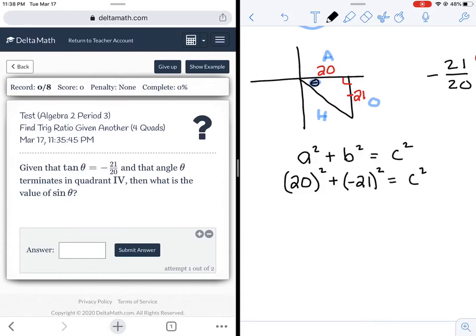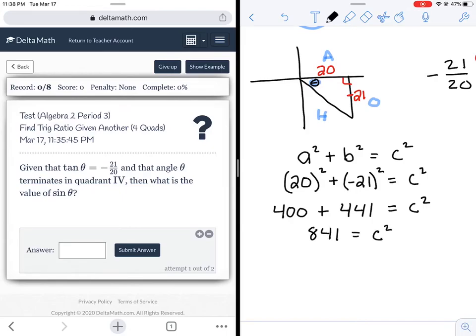Now notice I did put that 21 in parentheses. When you put that into your calculator, you need to know that when you square a negative number, a negative times a negative gives you a positive. So please make sure that you get a positive number there when you type that into your calculator. Otherwise, you typed it in wrong. So 20 squared is 400 plus negative 21 squared is 441 equals c squared. 400 plus 441 is 841 equals c squared.